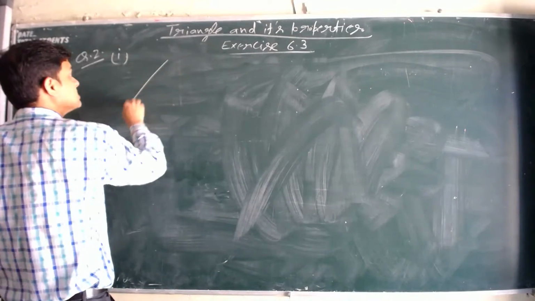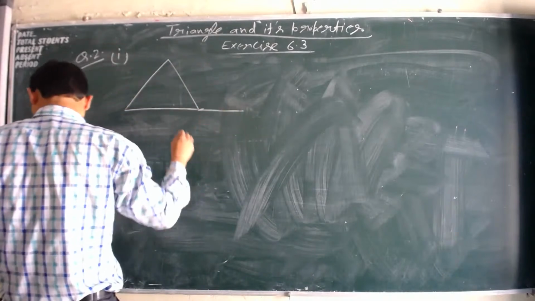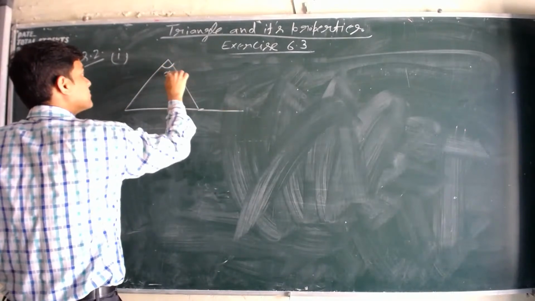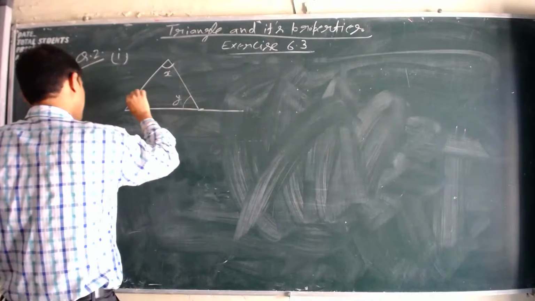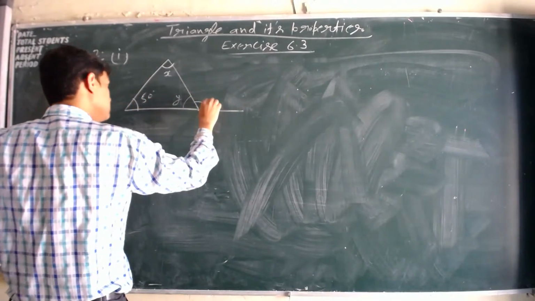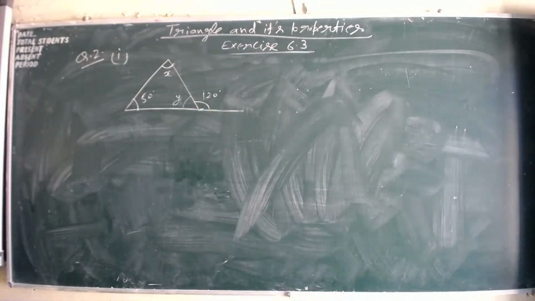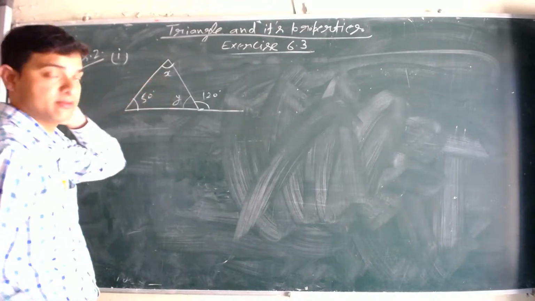We have the first figure is according to this: x, y and 50 degrees, and this angle is equal to 120. Clear? Now we have to calculate the value of x and y.